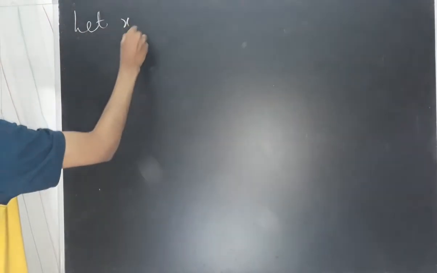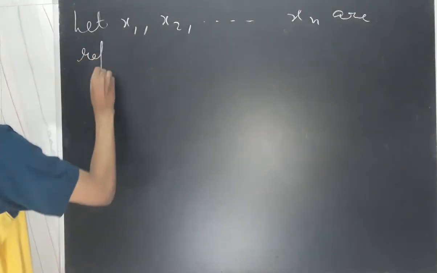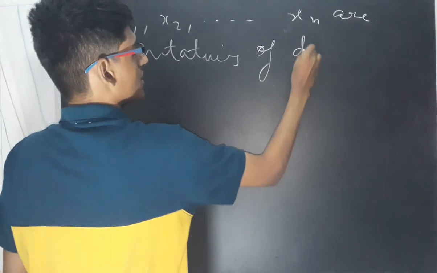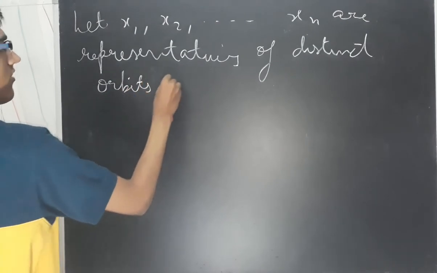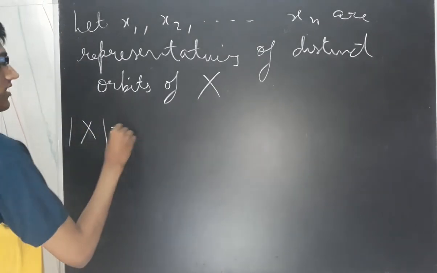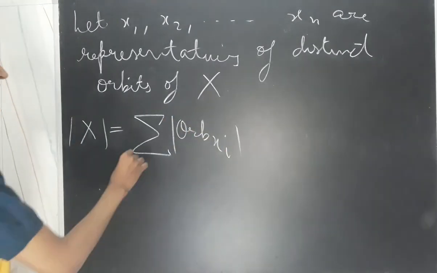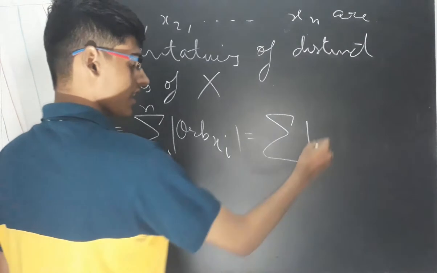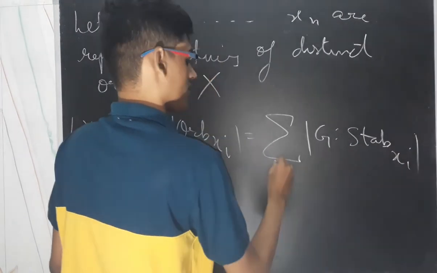Let x1, x2, and so on up to xn be representatives of distinct orbits of set X. Then the orbit equation says that the cardinality of X is equal to the sum, from i equals 1 to n, of the cardinality of the orbit of the representative xi, which equals the index of the stabilizer of xi, from i equals 1 to n.